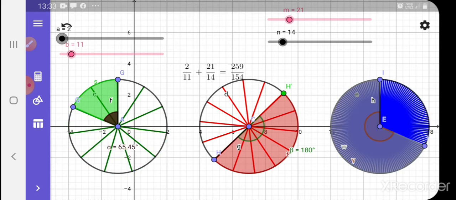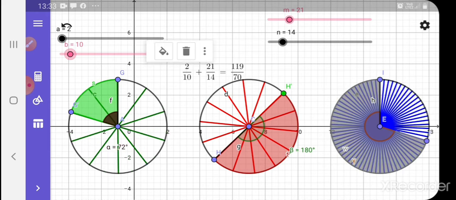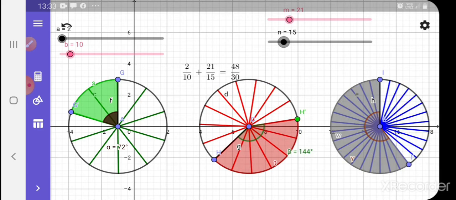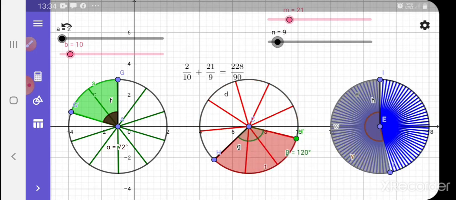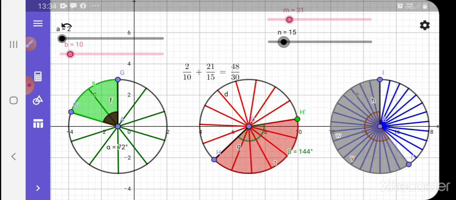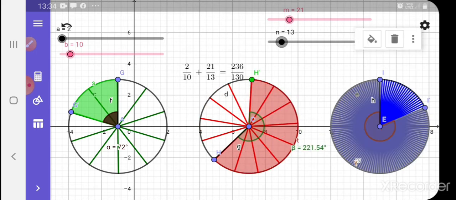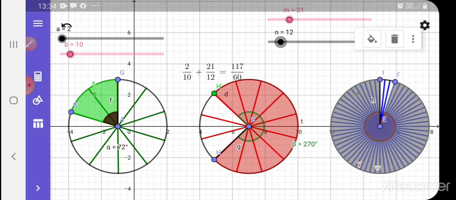So that will be 2 by 10. Likewise you fix the second one also. Do it very cautiously.